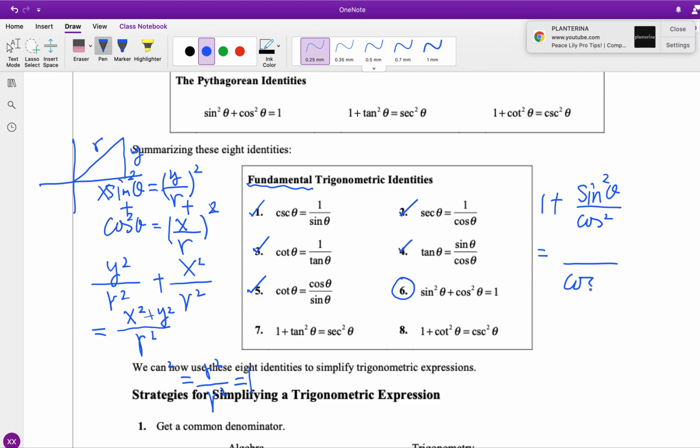So then it's cosine squared plus sine squared. Well, cosine squared plus sine squared equals 1. Therefore, this is 1 over cosine squared. Now, 1 over cosine squared is secant squared. Then, therefore, this is done too. And then you can just mimic this to prove 1 plus cotangent squared equals cosecant squared.